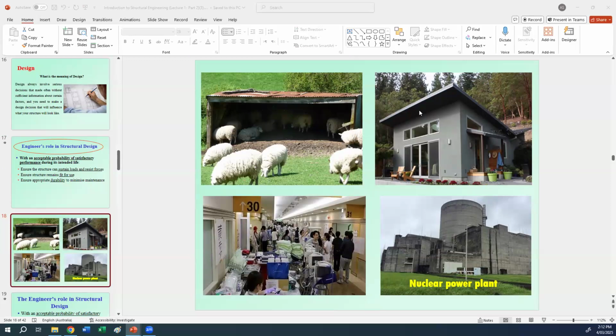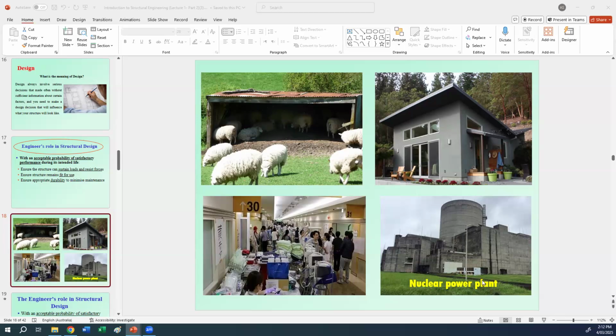So when you are designing this type of structure, you don't use the same criteria for all structures. Because, for example, if this cheap shed fails or collapses, the consequence of this failure is not as much as the damage or the failure of a nuclear power plant.